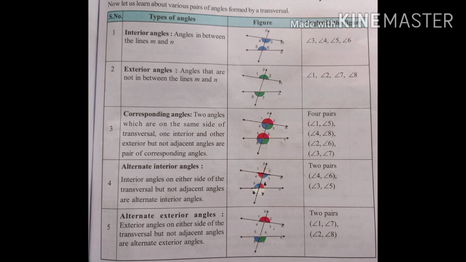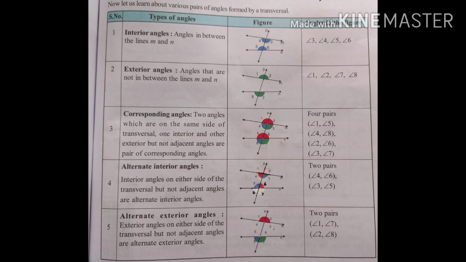Angle 3, angle 4, angle 5, and angle 6. Second one, exterior angles. Angles that are not in between the lines M and N, which means they lie exterior of the lines M and N. They are angle 1, angle 2, angle 7 and angle 8.